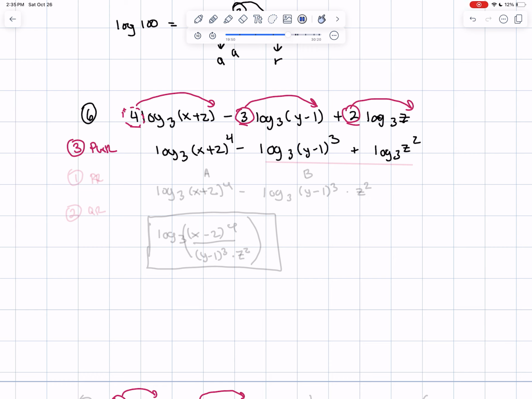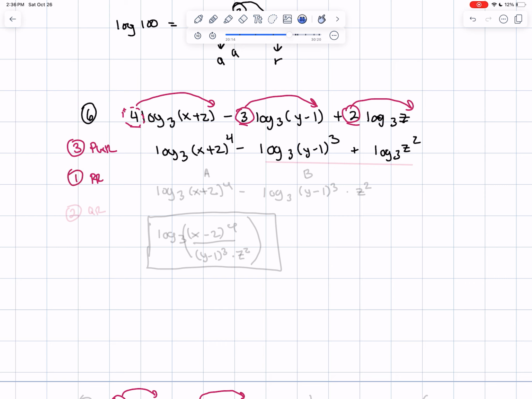Let's see, what do we do next? We could do either one. We could do the quotient rule or the product rule. Let's do the product rule first. I think that's an easier way to go.